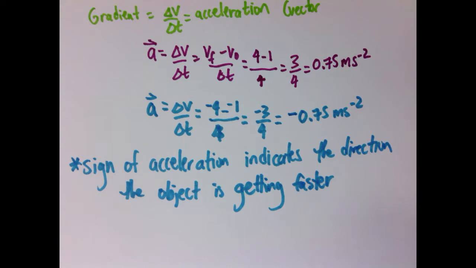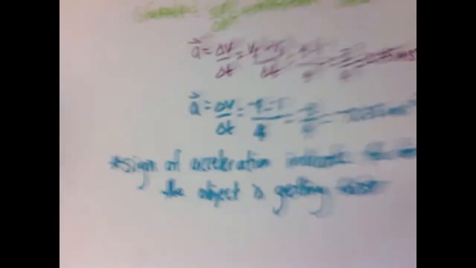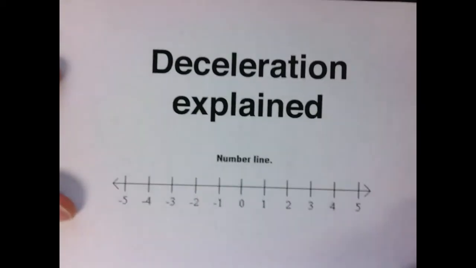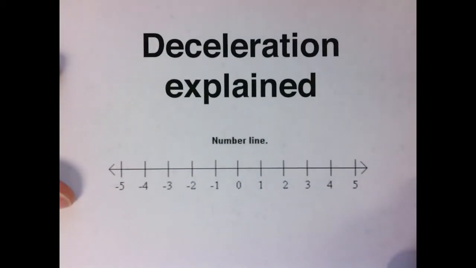Now at this point, students will often ask, what about deceleration? What's deceleration? It turns out deceleration, there's no real need for this word. There's no need for this word any more than there is a need for a word for negative velocity.